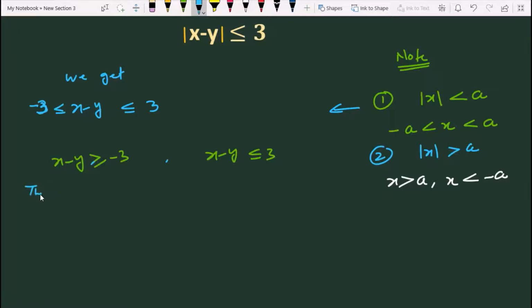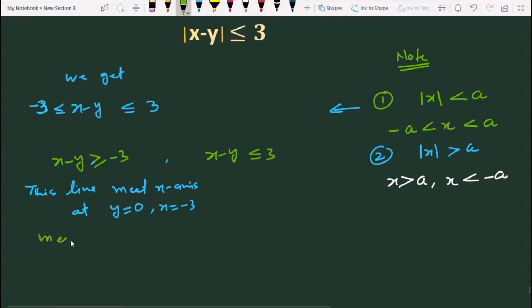This line meets the x-axis when y equals 0, x equals minus 3, and meets the y-axis at x equals 0, which means y equals 3.